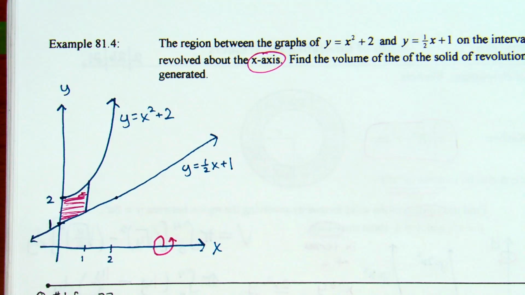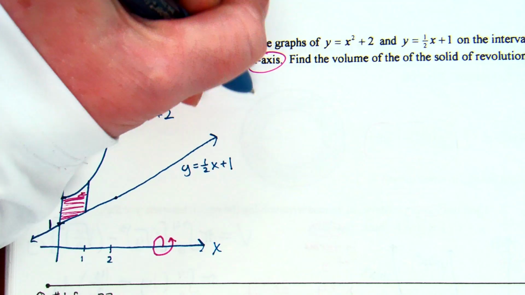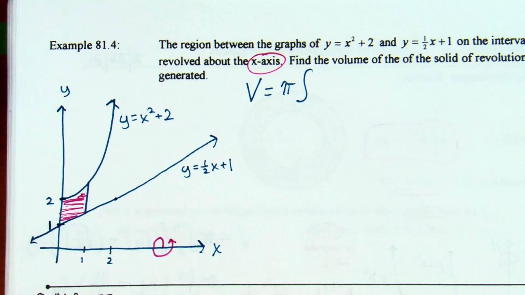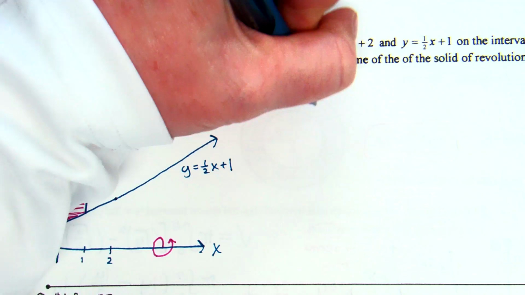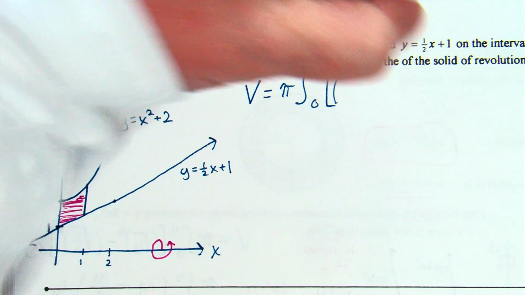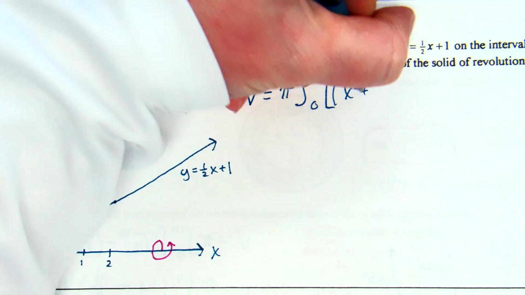Okay. V equals pi times the integral from 0 to 1, we're in terms of x's, of x squared plus 2 quantity squared, that is my big R squared, minus 1/2 x plus 1 quantity squared.